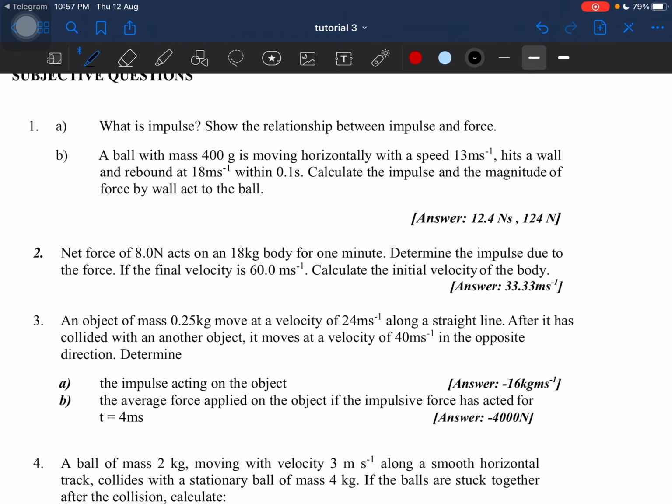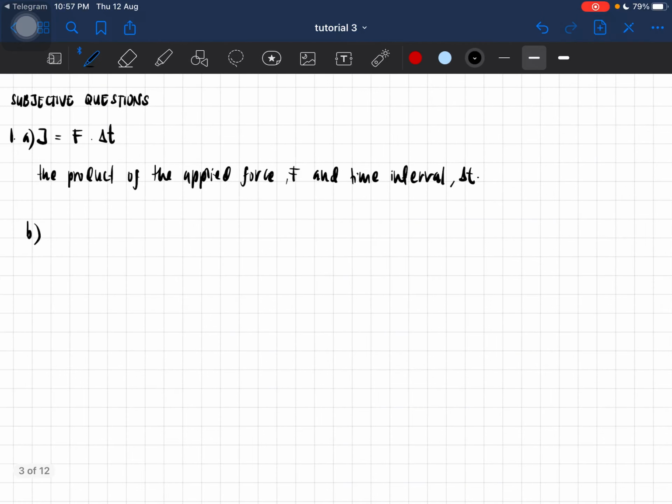Okay, so what information do we have? We have the mass, which is equal to 400 gram. Change this to kilogram, you'll then get 0.4 kilogram. Yes, 0.4 kilogram. And then you have the initial speed, which is 13 meter per second.